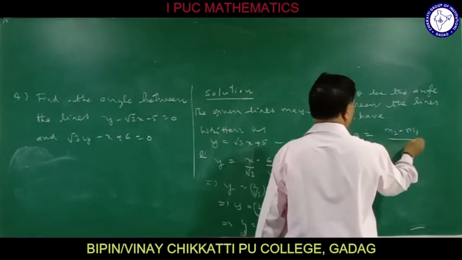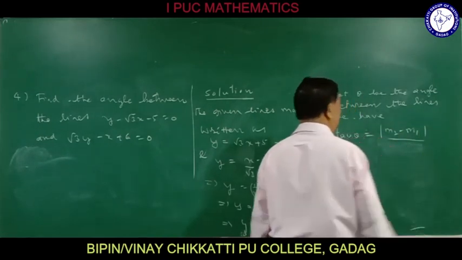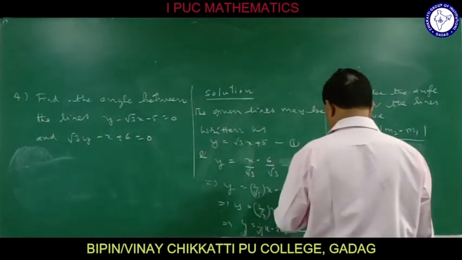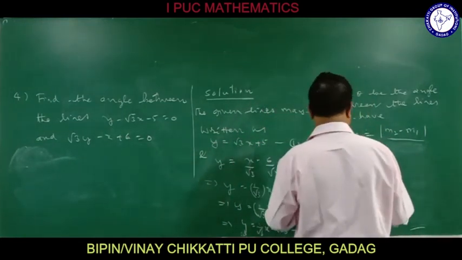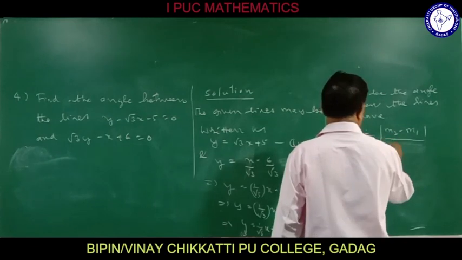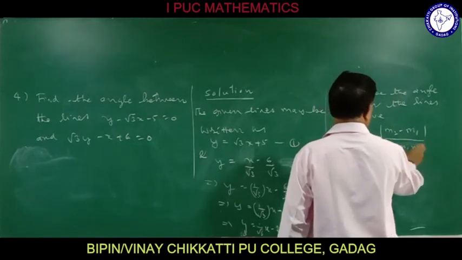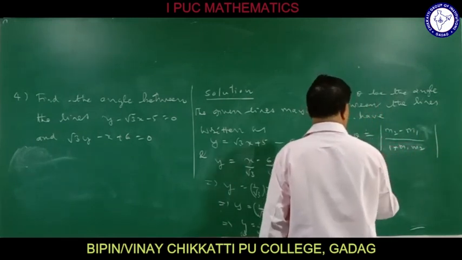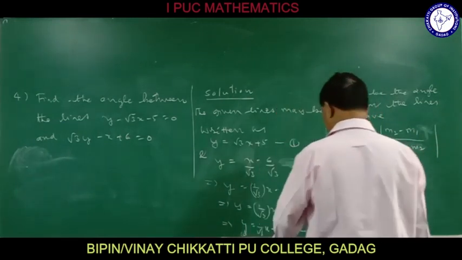Particularly I have to write m2 minus m1, but even then you write the modulus sign, but we have derived that m2 minus m1, accordingly you have to write it. So you find out the result, modulus of m2 minus m1.